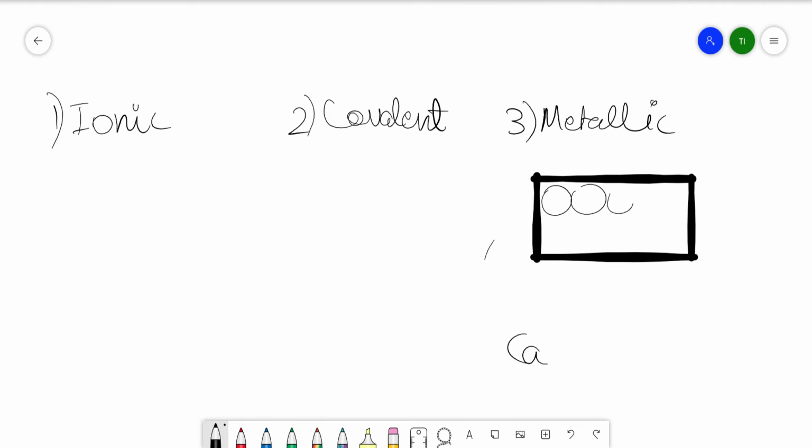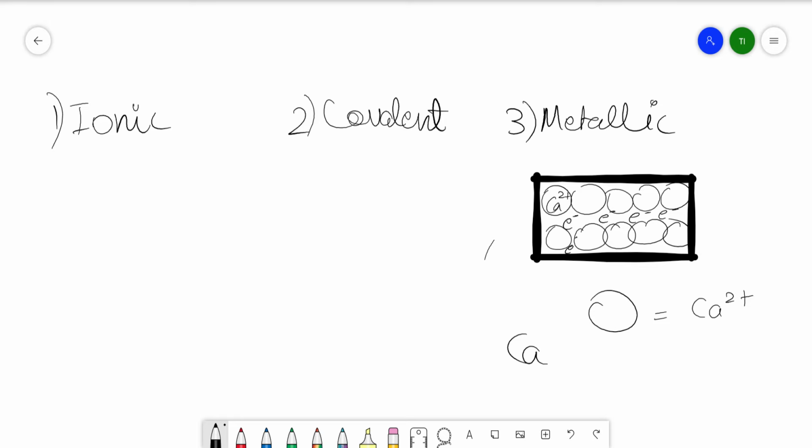There are Ca2+ ions, and the valence electrons are delocalized, so they are all over the metallic lattice. There's an electrostatic force of attraction between the delocalized electrons and the cations, and that is what forms the metallic bond and holds it in the lattice shape.